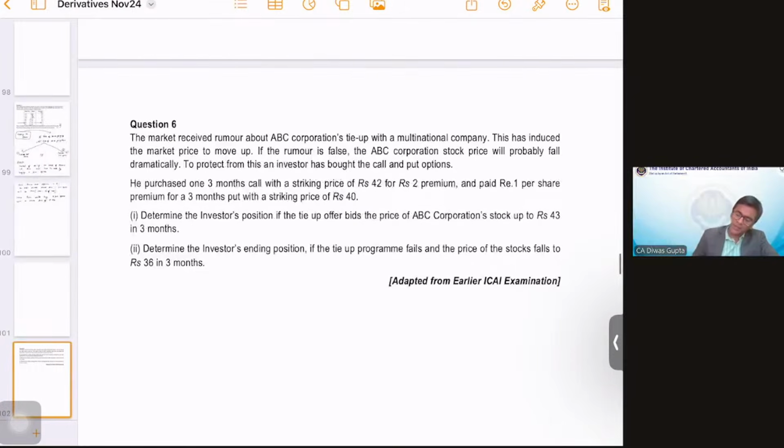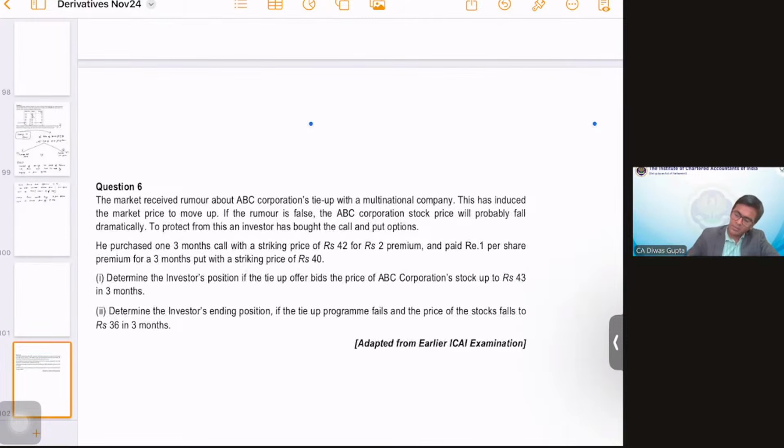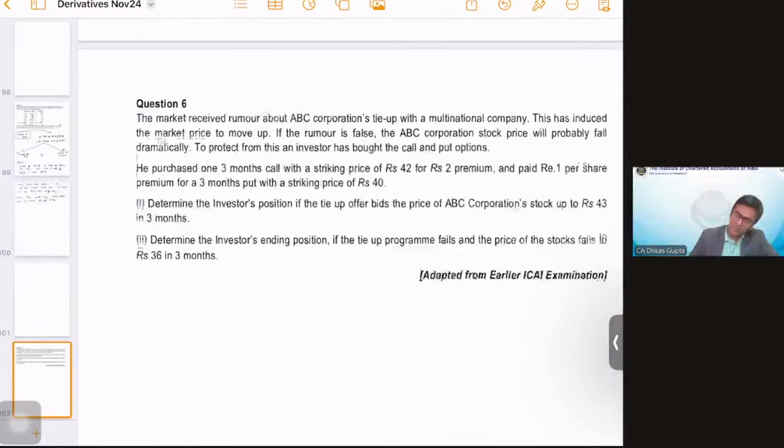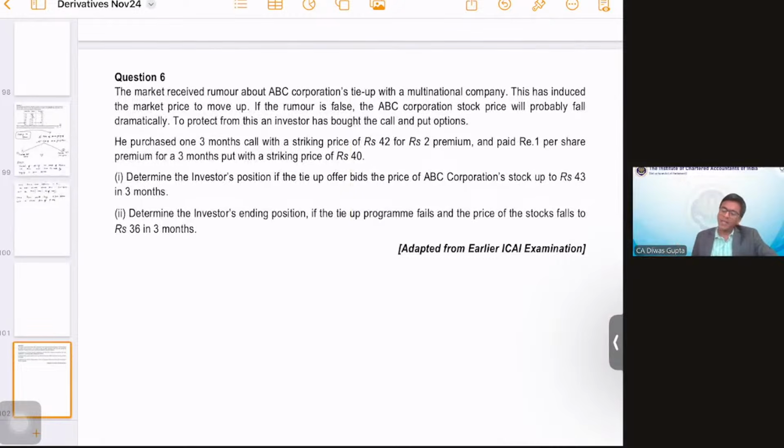Next question, students. Question number 6. The market received a rumor about ABC Corporation's tie-up with a multinational company. This has induced the market price to move up. If the rumor is false, the ABC Corporation stock price will probably fall dramatically.